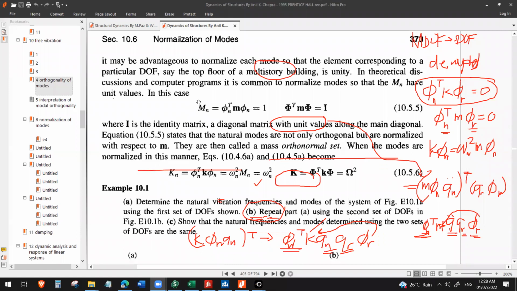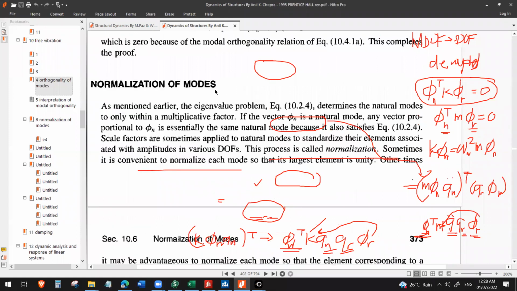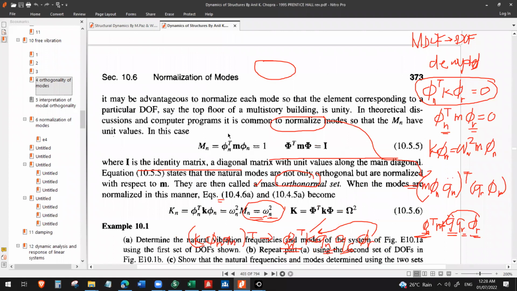Okay, so ito pala yung sinasabi kong 1, no? Kapag na-normalize mo yung mode, phi n transpose M phi n will be 1. Okay, yun yung sinasabi ko. But if you denormalize, we call that the, what's that? The generalized modal mass, no? Okay.